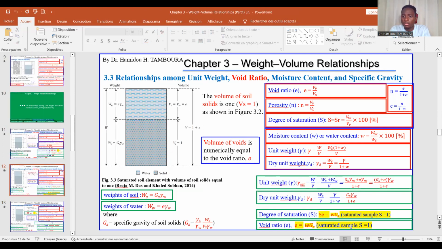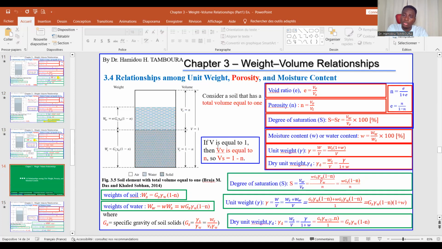And when the soil is saturated, we can estimate these relations. These relations, this one and the previous one, are both about how to use void ratio to establish other relationships, to establish some formulas.